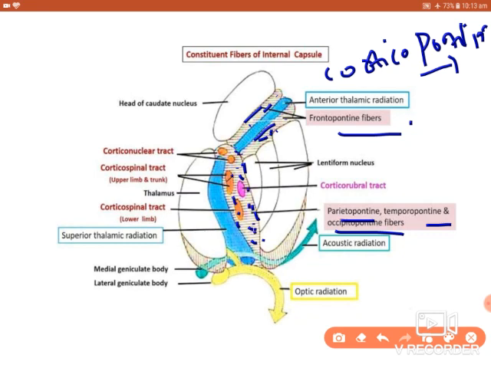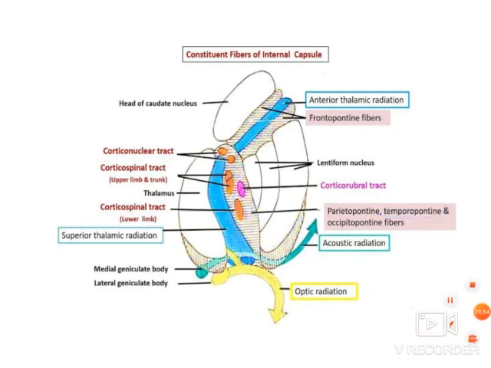Then in this retrolentiform part, it contains parietopontine and occipitopontine fibers, that you can see in this retrolentiform part. Then in the sublentiform part, we get the temporopontine fibers. So these are the corticopontine fibers.